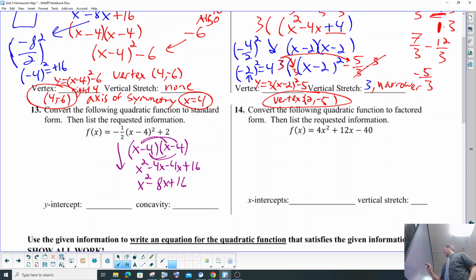So then we're going to bring a negative 1/2 and we are going to distribute it through. So we get negative 1/2 x squared. Negative times a negative is a positive, and half of 8 is 4x.